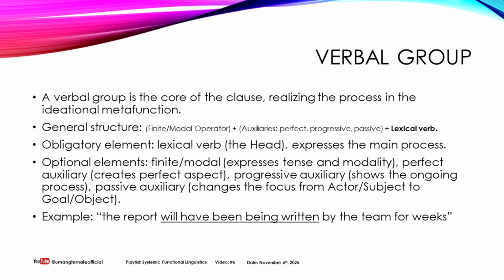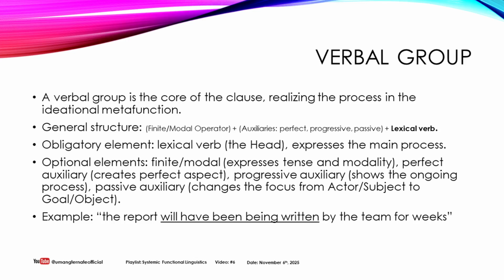So, as with the nominal group, a verbal group also has its generic structure. As you can see here, the verb is the obligatory element and is positioned at the end of the structure. Before the verb, you can add a finite or modal operator or some auxiliaries.